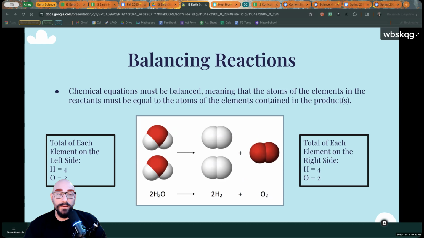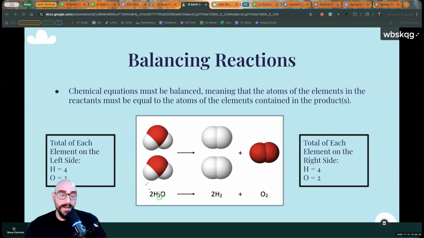Okay. So if we count these up, we look on the left here. Let's make it green, guys, because white I can't see. So right here we have two hydrogen atoms for every single water molecule.